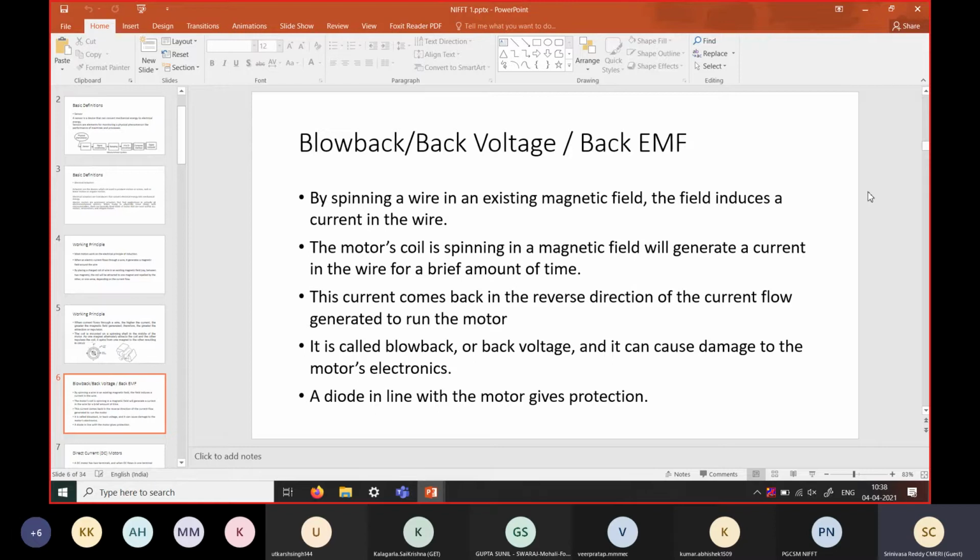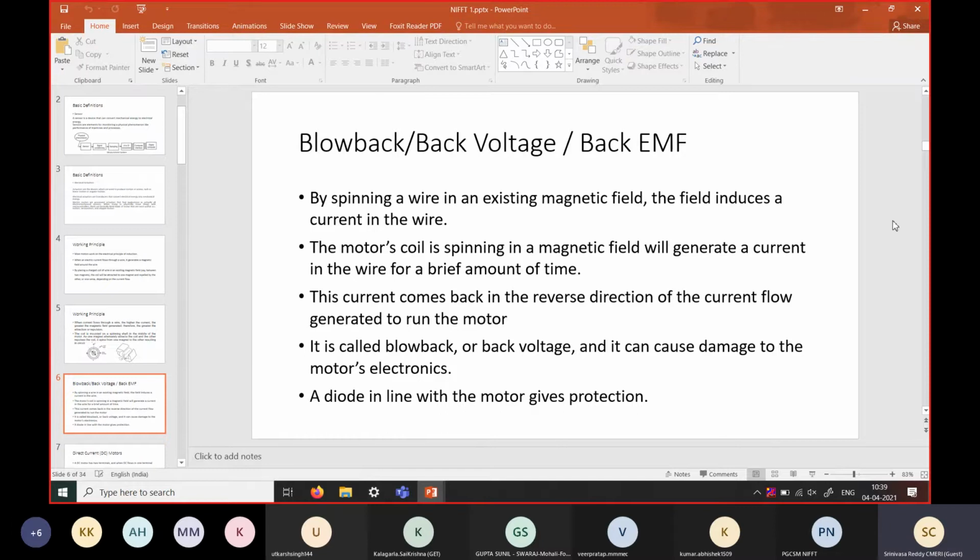That current flows into the electronics of the motor, and that may result in damage of the electronics. This EMF, which is produced due to the motion of the armature and the presence of the magnetic field of the stator, is known as the back voltage, because it is flowing in a back direction.